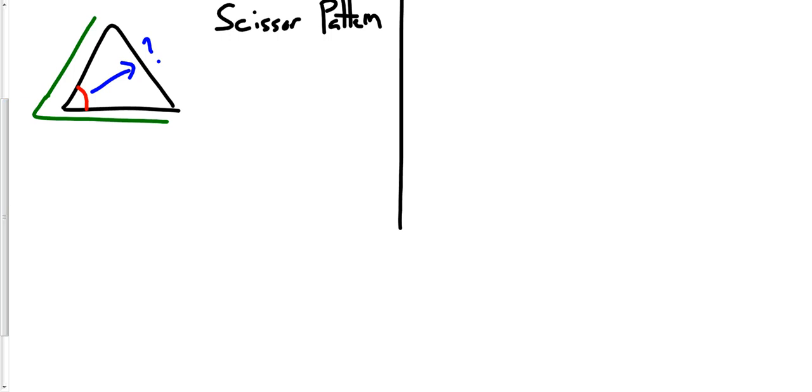Now that you have the scissor pattern, the equation that you're going to end up using is going to be a variant of this equation.